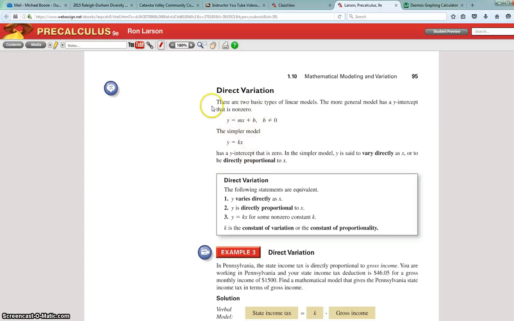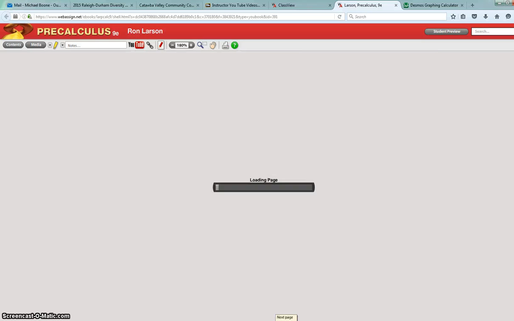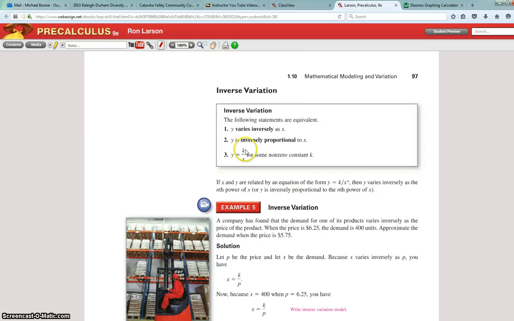Again, we did a y equals mx plus b. So basically, if they say directly proportional, multiply. If it's inversely proportional, we divide. K over x versus k times x.